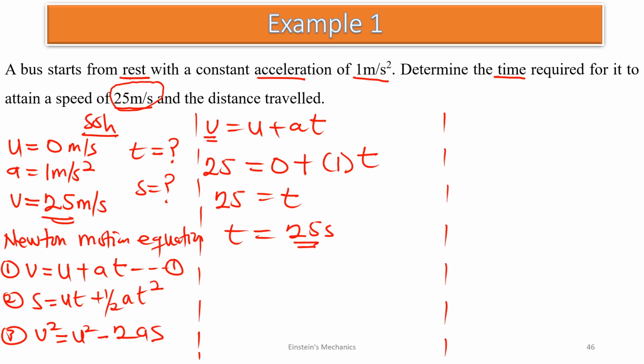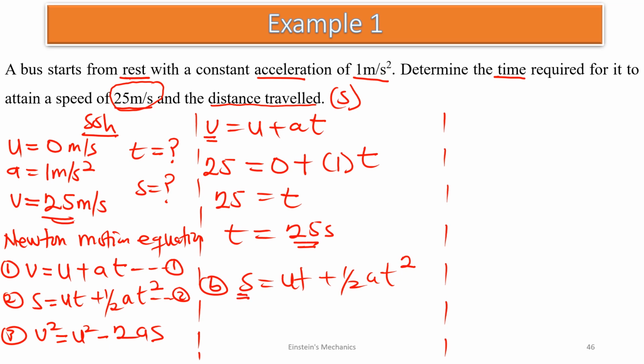Very good. Now, let's look at the distance traveled, which is s. From equation 2, we can say x is equal to ut plus half at squared. If we are interested in the distance traveled after this time with the parameters given, then x still started from rest, so u is 0 and t is 25.